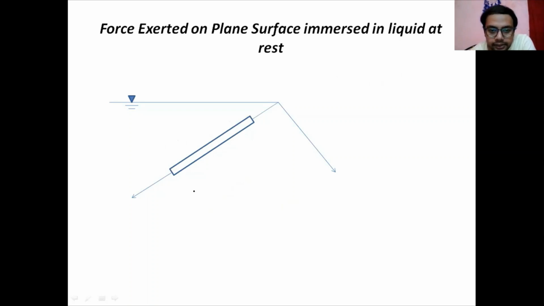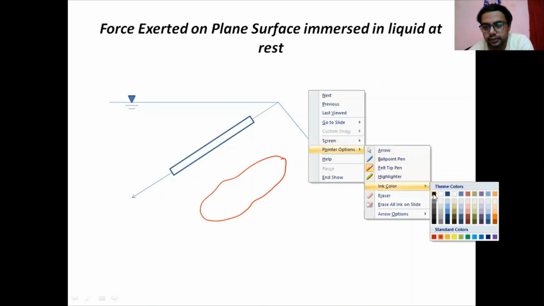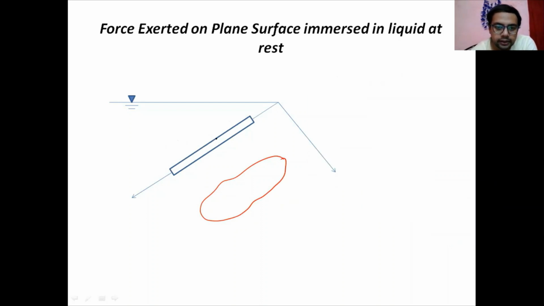So let us first see the cross-sectional area. We draw the cross-sectional area here. This is the cross-section of the plane surface. Now here, consider one small elemental area. This axis is taken as the x-axis, and this axis is taken as the y-axis.